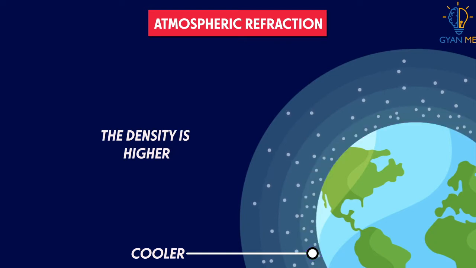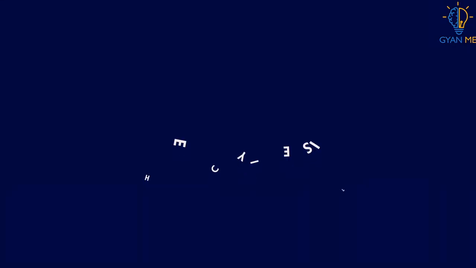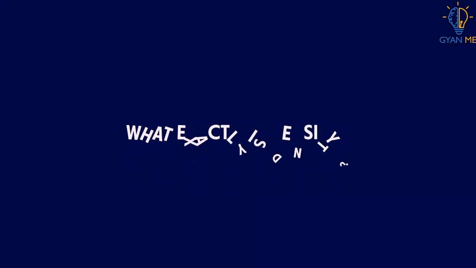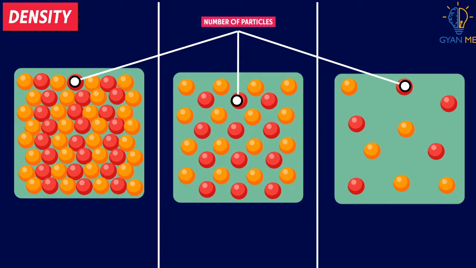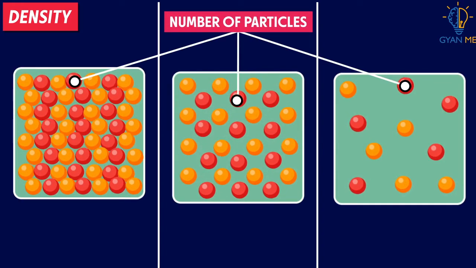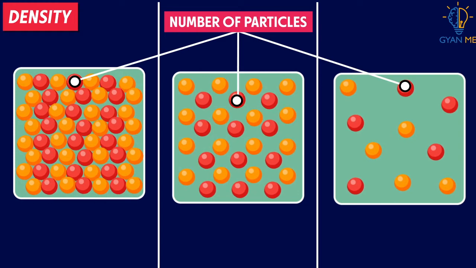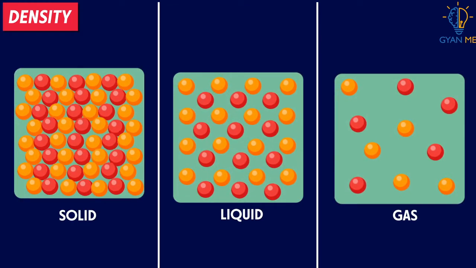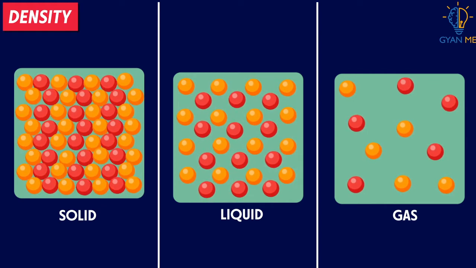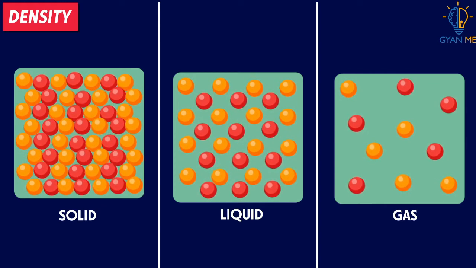So let me explain this to you. Tell me, what exactly is density? To put it simply, it is nothing but the number of particles in a unit space. So now consider three states of matter: solid, liquid and gas. We can see that in solids, particles are tightly packed.